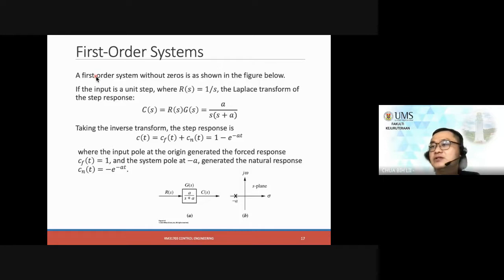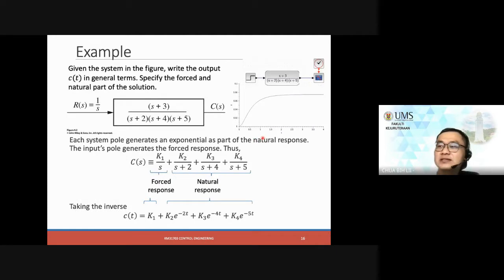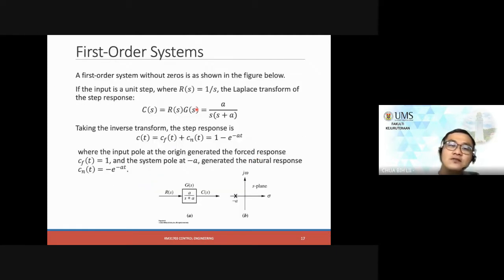Okay, so next we would just go through the first part of this chapter, which is on the first order system. Previously you can see that we have multiples of all these things, right? For a first order system, we would only consider one of these, one plus a.